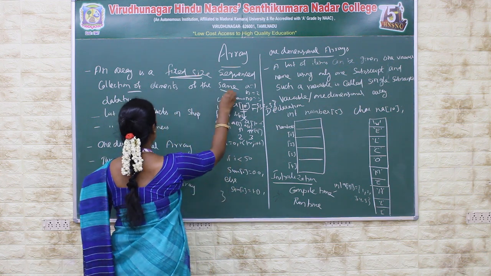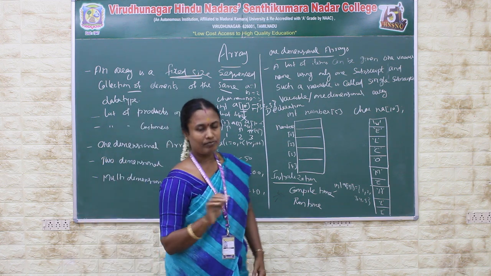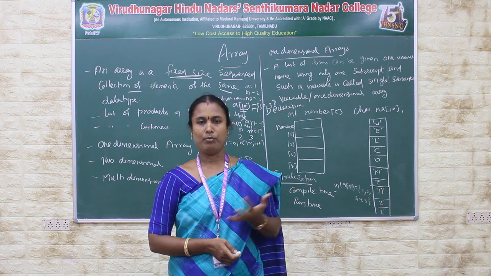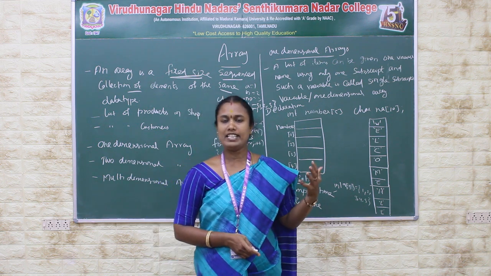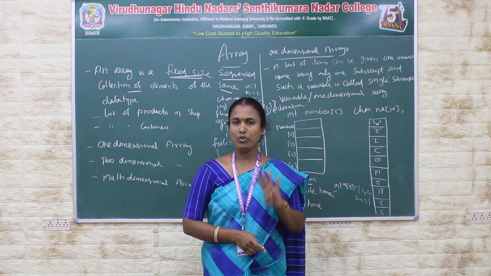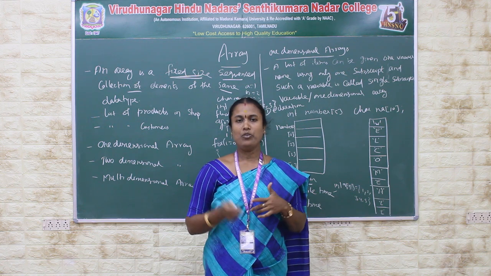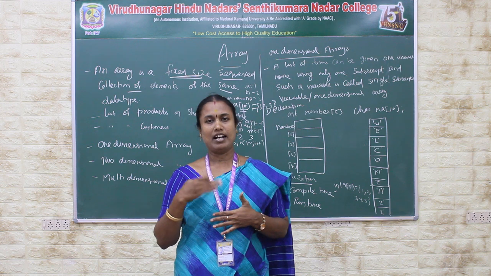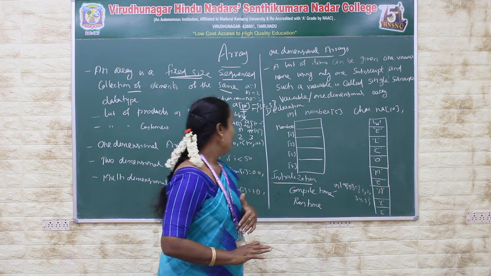Then the last one, same data type. What is the data type? A data type is used to specify the storage size of the variable. Integer allocates 2 bytes, float 4 bytes, character 1 byte. So which kind of array we need is specified by the name of the data type.